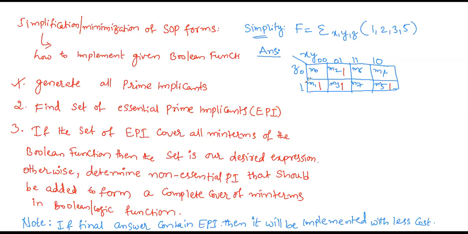So, whenever you are grouping minterms, you need to look for in 3 variable K-map. First, you need to look for 8 minterms as a group. If not possible, then you have to go for the 4 minterms as a group. If 4 minterms as a group also not possible, then go with the 2 minterms as a group.